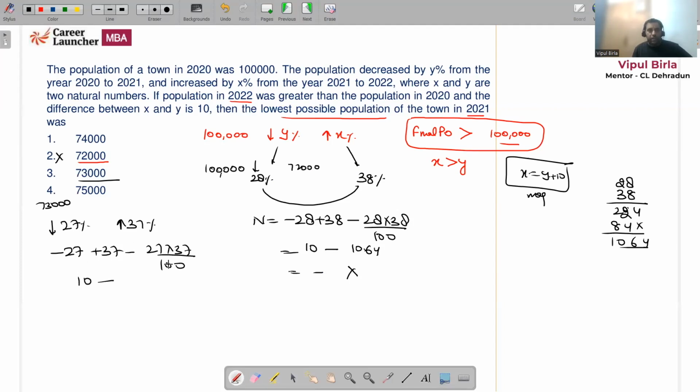That's going to be 10 minus 37 into 27, and 27 sevens are 189, 27 threes are 81, which gives 999 upon 100, so it's 10 minus 9.99, which is greater than 0. Hence 73,000 is the answer, which is satisfying it. So the best way is to play with the options. We can make an equation and do it, but that's the best possible way.